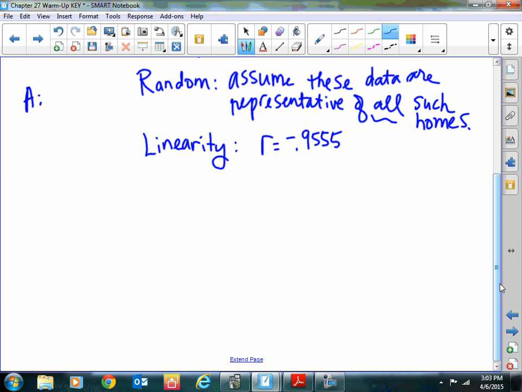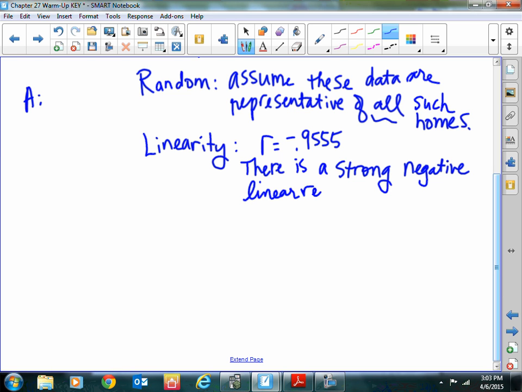So define that. There is a, and I would call that strong, negative linear relationship between average temp and electric usage.